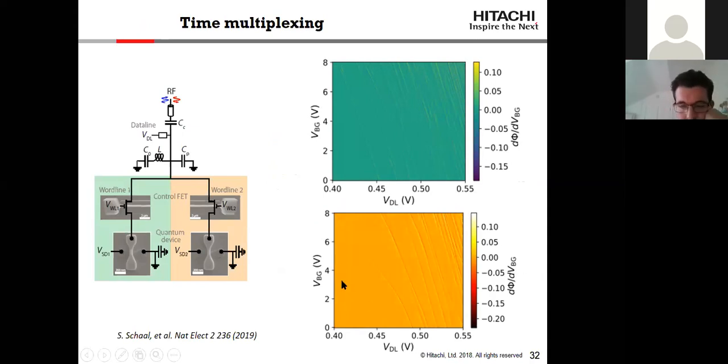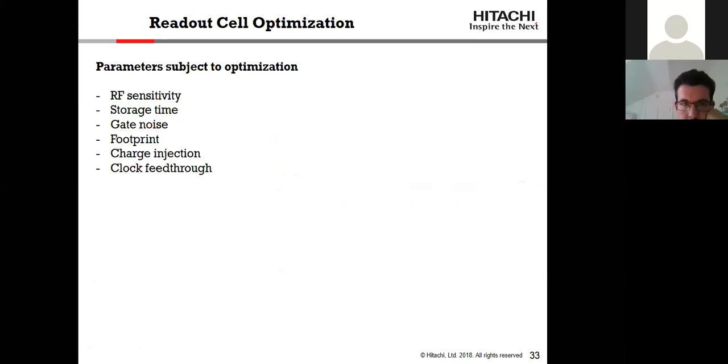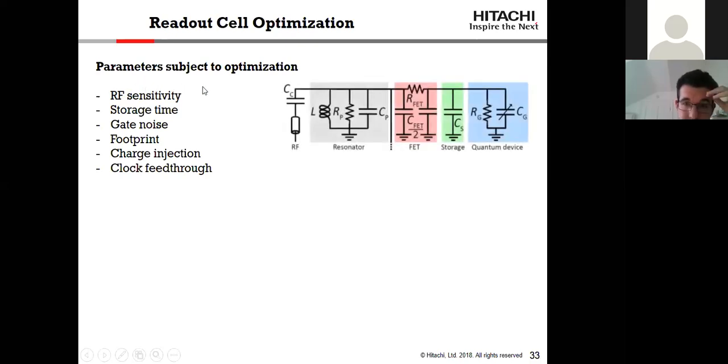All right, good. So I'm almost finishing. Just to say that this was an experimental proof of principle of time division multiplexing, but there are many parameters that are subject to optimization.